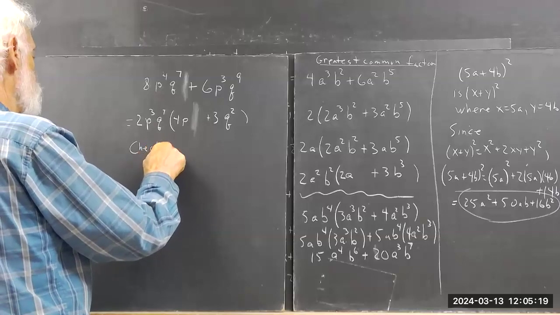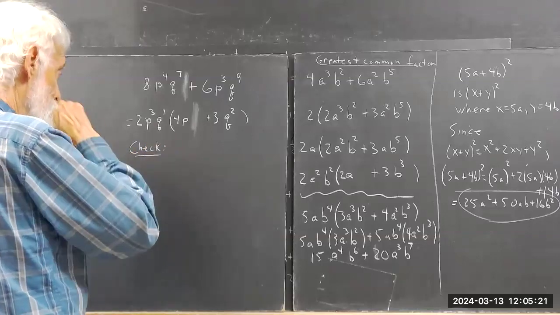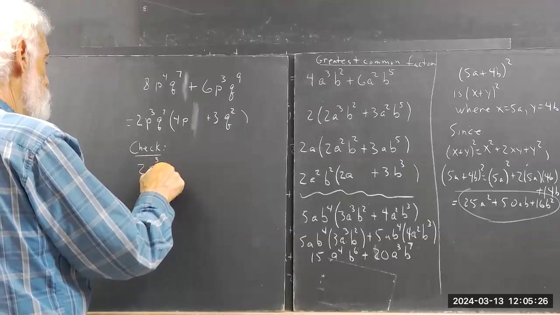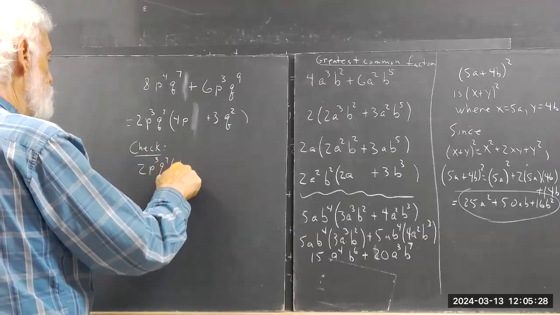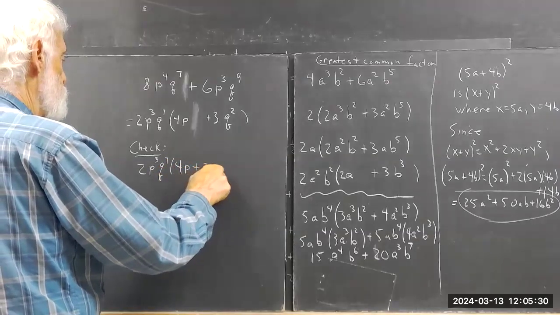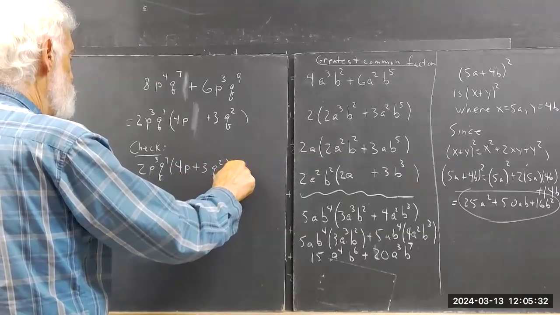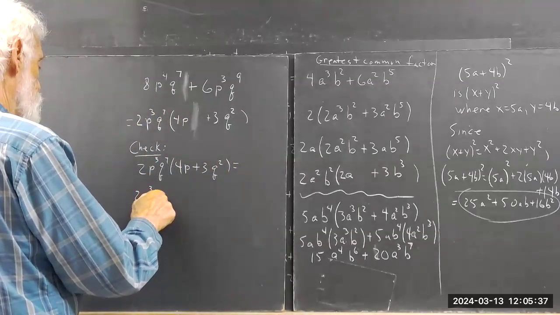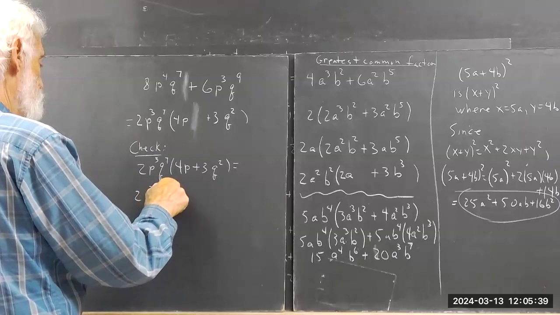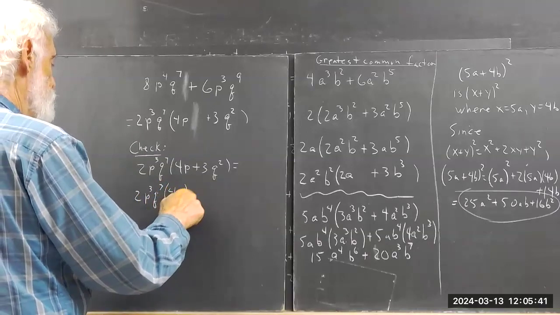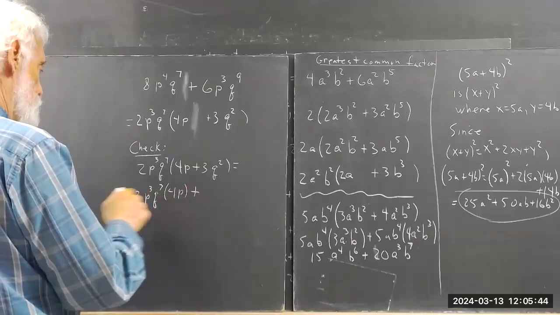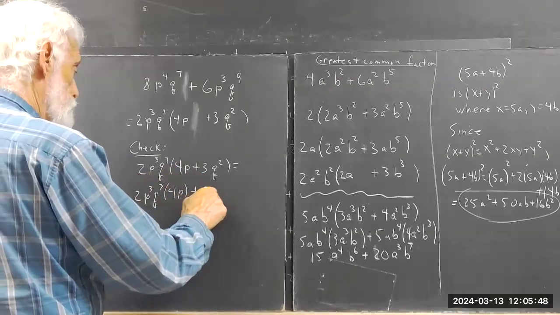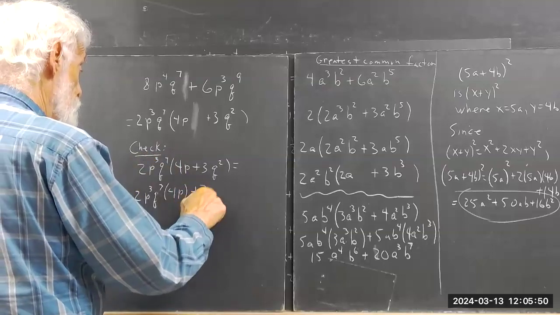Now, when you're first doing this, and any time you're not 100% sure, you want to check it. Using the distributive law, this times this, and this times this, plus this times this.